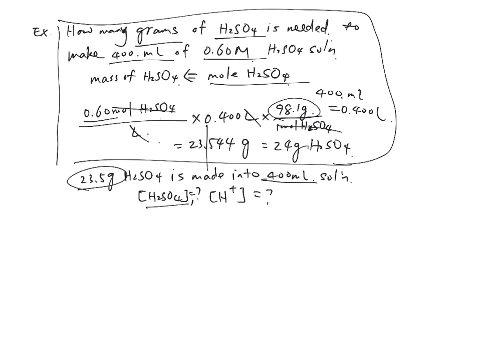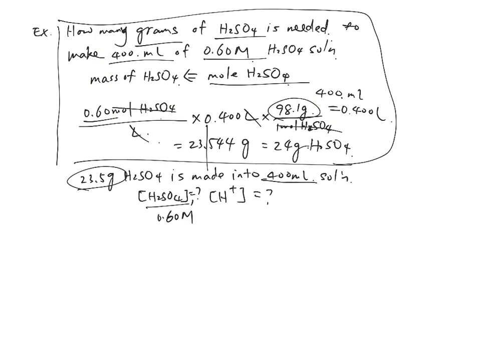Okay, now, what is the concentration of H plus ion? And for that, the concentration of H2SO4, given all the values that you know from the previous example problem, is going to be 0.60 molar, okay? And if your sulfuric acid fully dissociates, 100% dissociates into H plus ions and sulfate ions, well, what would be the H plus concentration if the dissociation is 100%?